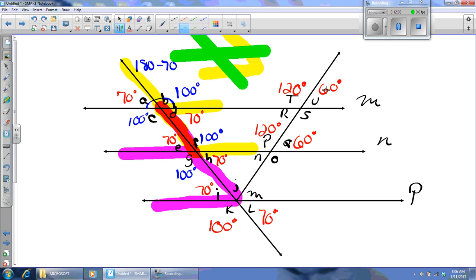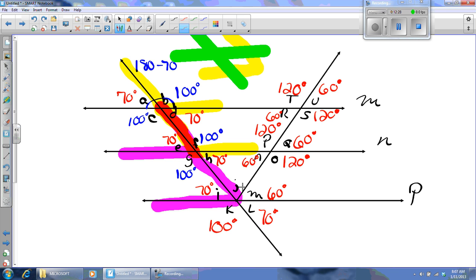And some of you are saying, well, isn't it corresponding with that? Or couldn't I use another? Absolutely, there's lots of different reasons. Q and N are vertical, 60. P and O are vertical, 120. Okay. R and U are vertical. S and T are vertical. Q and M are corresponding.